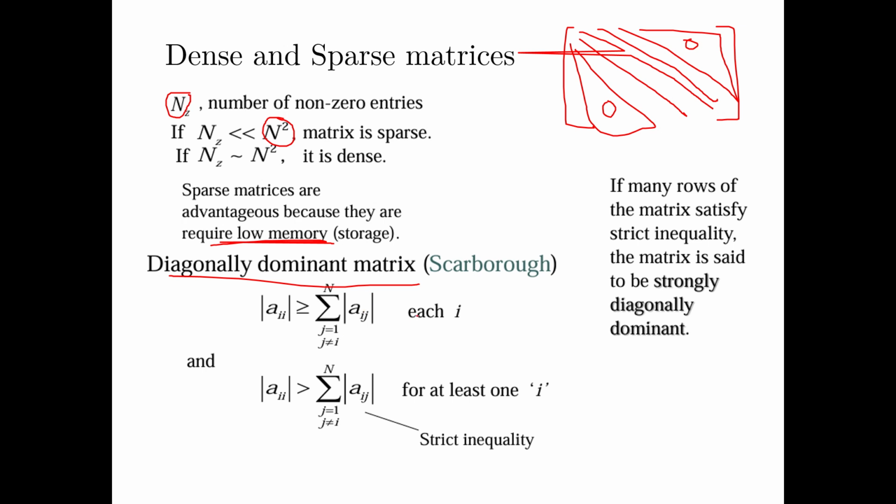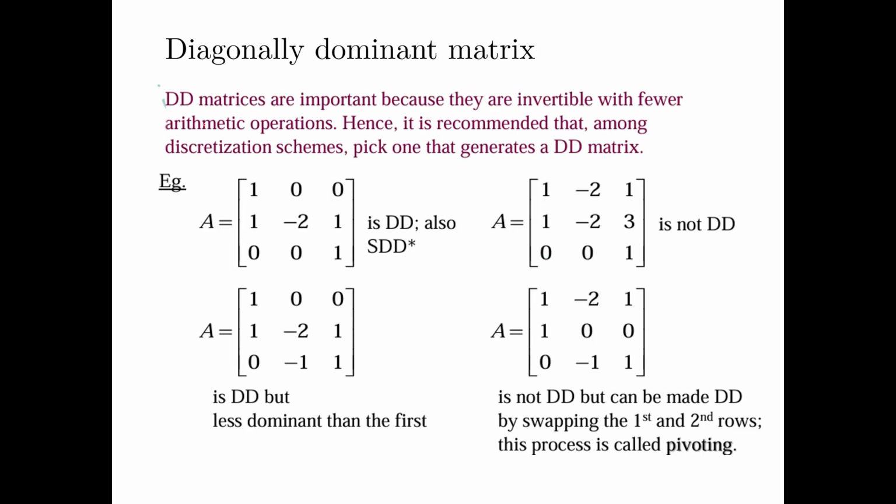Okay, this is not a strict inequality. If we have a strict inequality, then that is called a strictly diagonally dominant matrix, or a strongly diagonally dominant matrix. We will look at some examples.